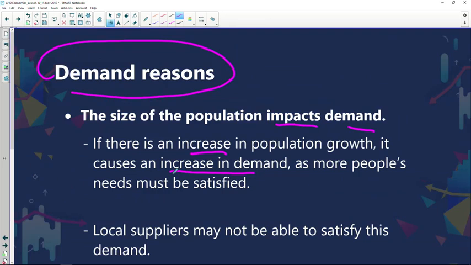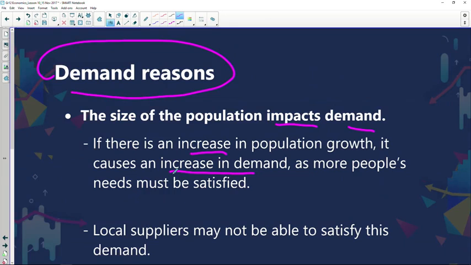We know that economics is a subject that centers around the concept of scarcity, the fact that we've got limited resources and unlimited wants and needs. So economic decisions have to be made as to how to best allocate the limited resources in order to satisfy the needs and wants of the people.